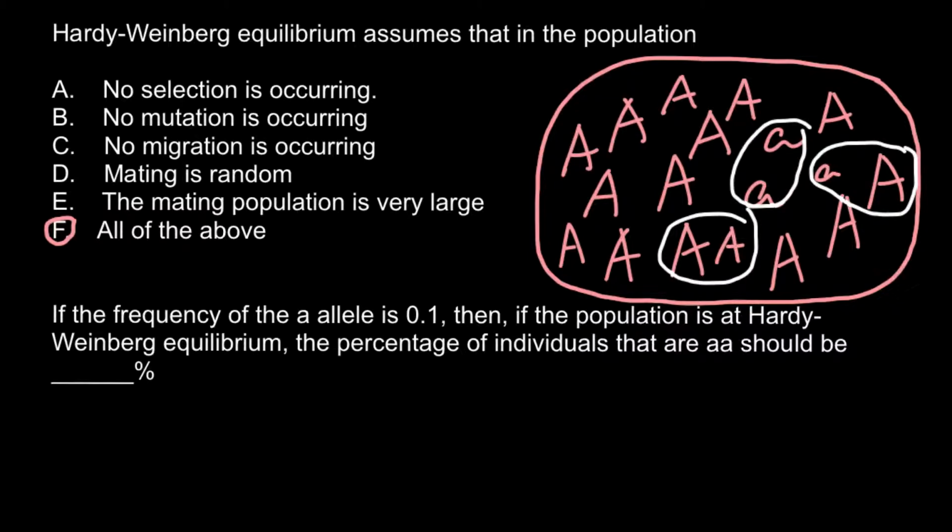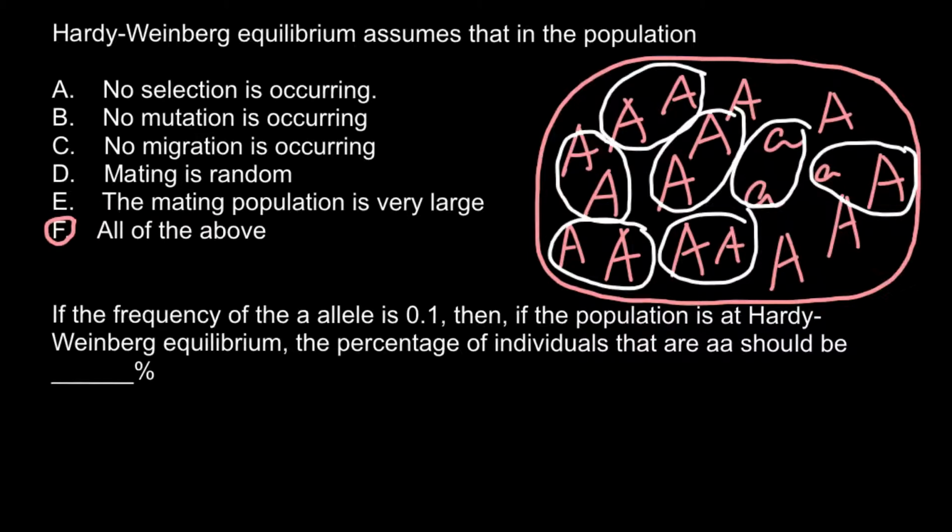Because the frequency of the dominant allele A is much higher than that of the recessive allele a, we would see people who are homozygous dominant in much higher frequencies than people who are homozygous recessive or heterozygous. So the frequency of an allele directly relates to the frequency of different variants of this allele in homozygous or heterozygous state.